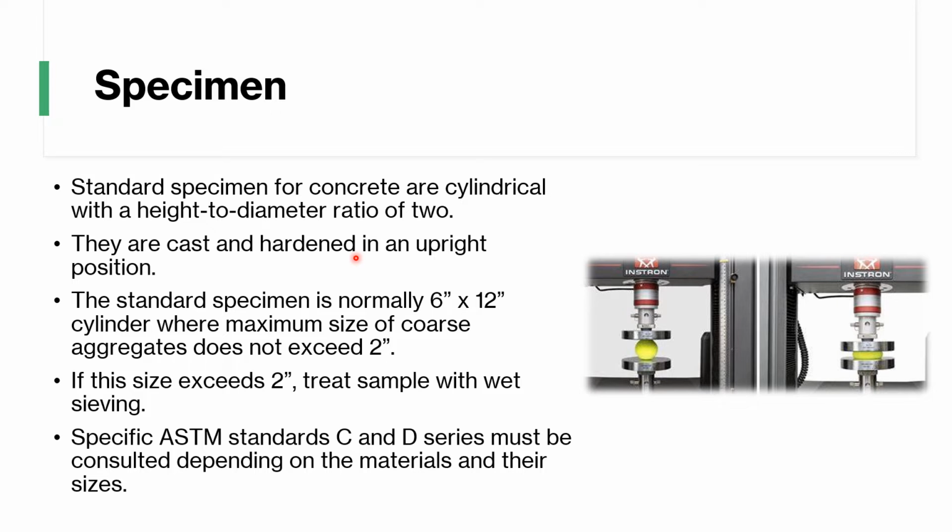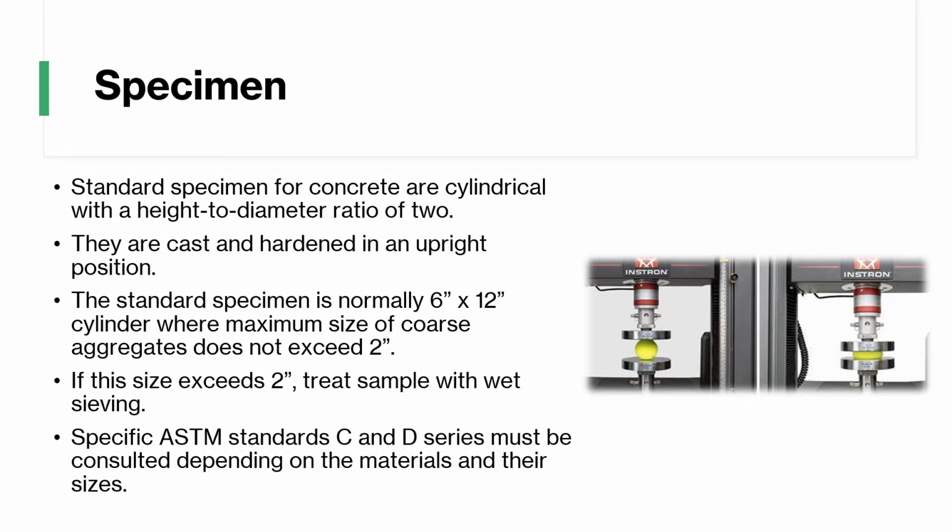Specimen. In compression tests, the standard specimens for concrete are usually cylindrical, with a height to diameter ratio of 2. Height meaning height divided by diameter, and 2 meaning like this.